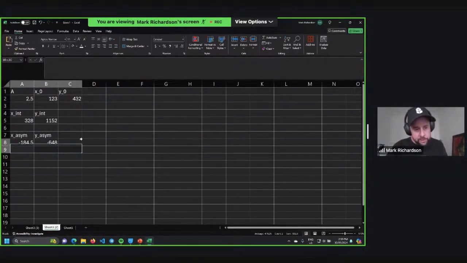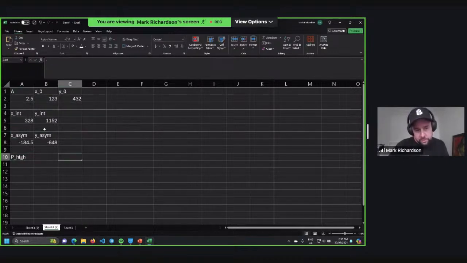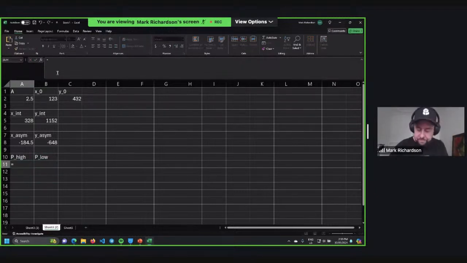But note that we haven't spoken about a price anywhere here yet. We have enough information to determine p high and p low. We didn't necessarily have to do the intercepts and the asymptotes, but that will be helpful. But we're now determining what these price bounds are almost by guessing.